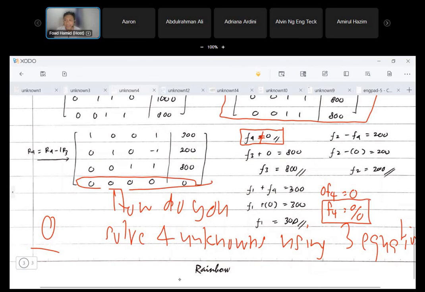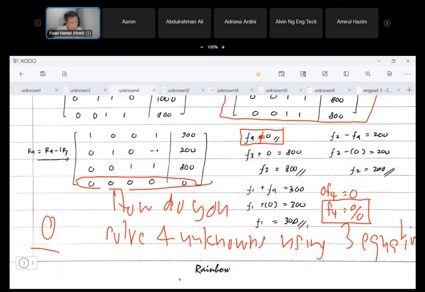Unless one of these four is given, which means now it's three equations with three unknowns, then we can solve the problem. This is the law of mathematics. If you have four unknowns, you must have four equations. There's no excuse. Again, a lot of you are doing this.